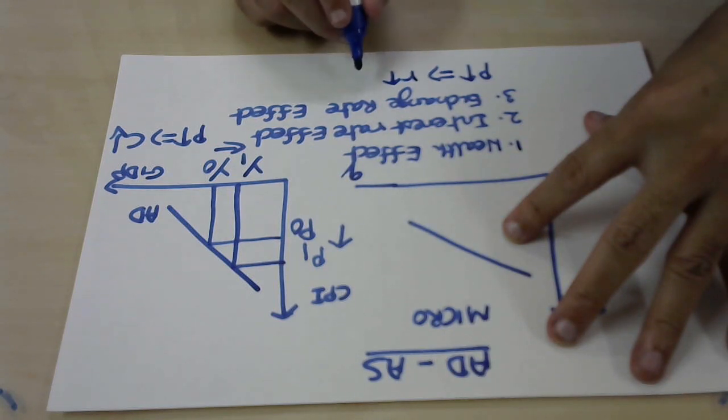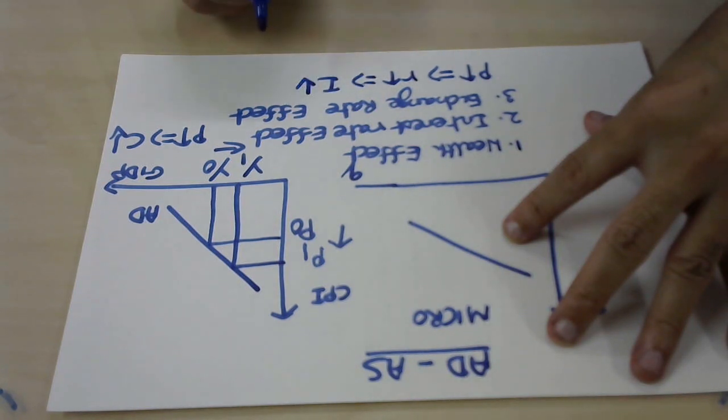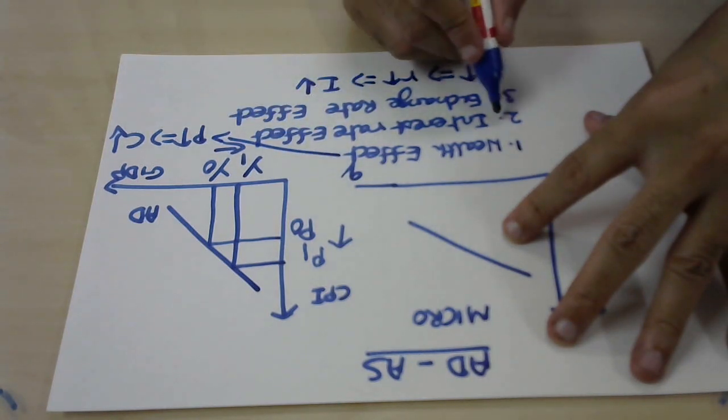And this increased interest rate leads to, as we have seen, a drop in investment. So the wealth effect was leading to a fall in consumption.